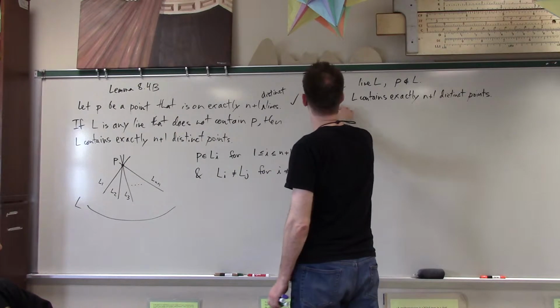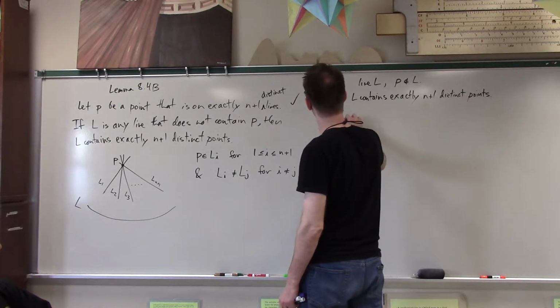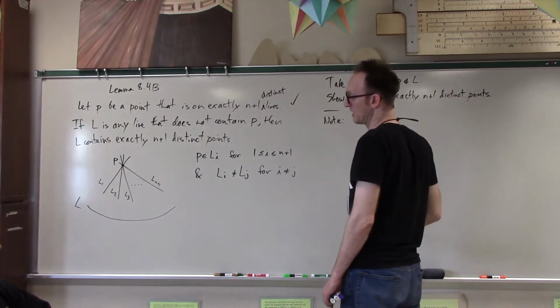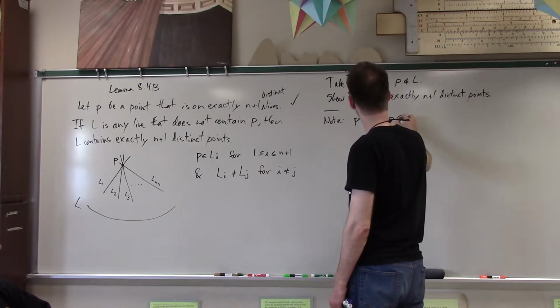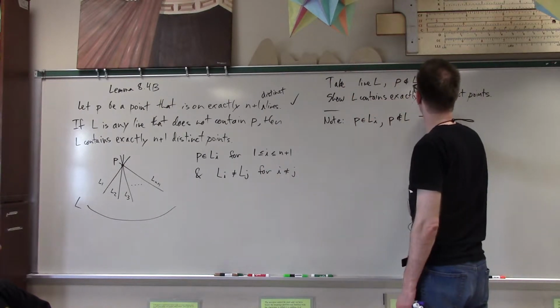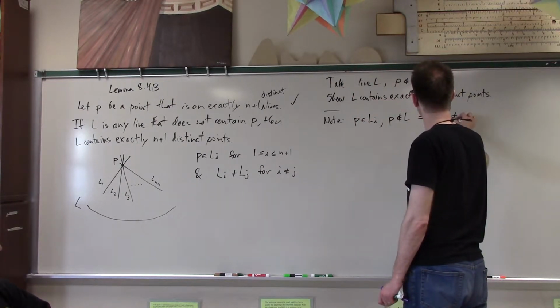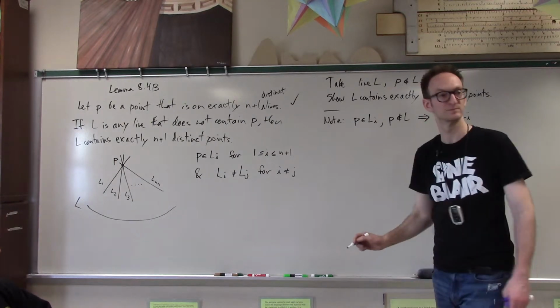So now is the time for a preparatory note. P is on L sub i, but P is not on L by assumption. Conclusion: L is distinct from each of the L sub i.